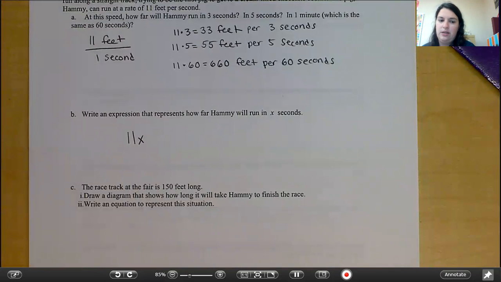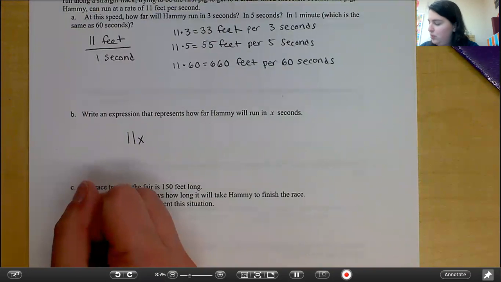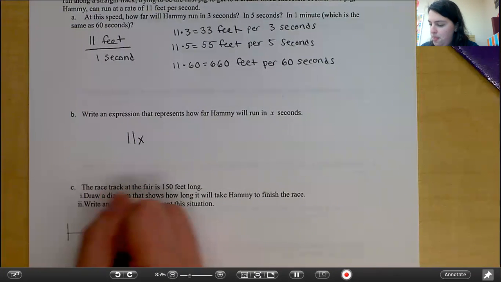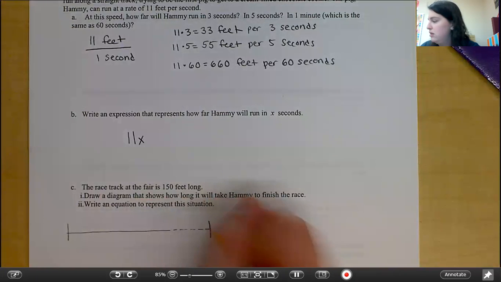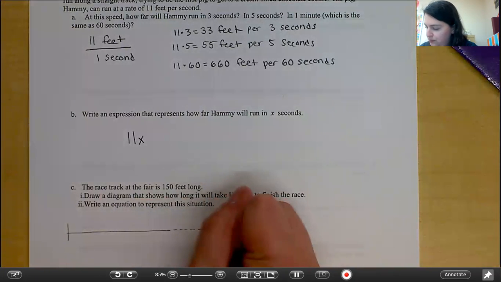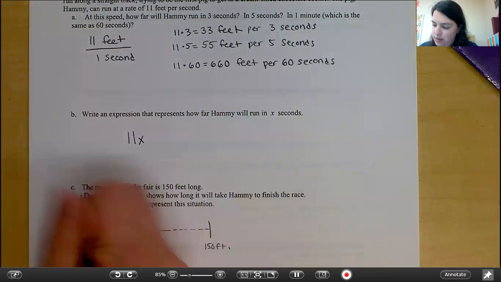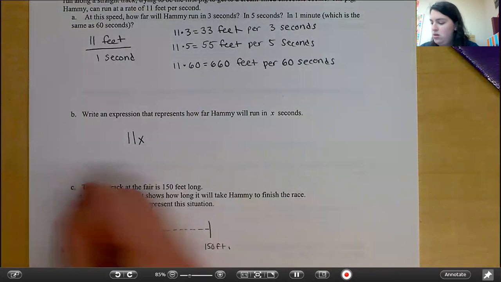C says, the racetrack at the fair is 150 feet long. Draw a diagram that shows how long it will take Hammy to finish the race. So I'm going to kind of help you with your diagram here. We know the end is 150 feet. We know the beginning is 0 feet.